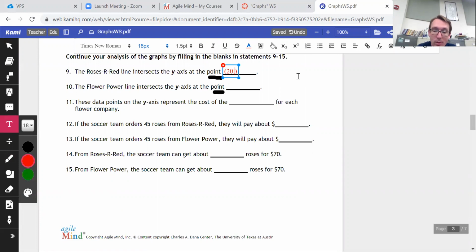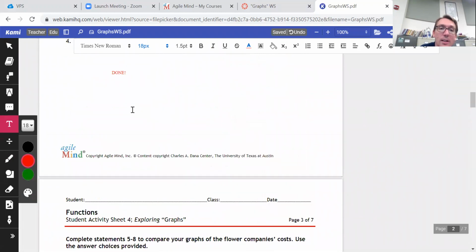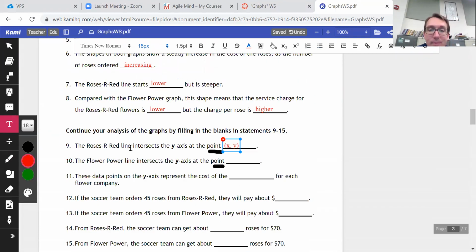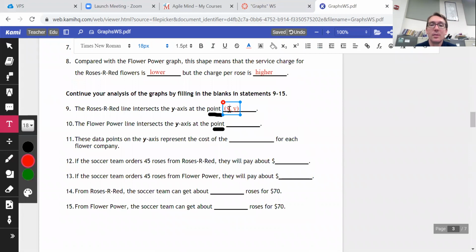So I need to put numbers in there, two numbers, an X and a Y. Going back to here, we know that this is the place where Y is 20. What's X? Well, X is 0. So that's the point, 0, 20. So I'm going to type in 0, 20. That's what they mean when they say point.